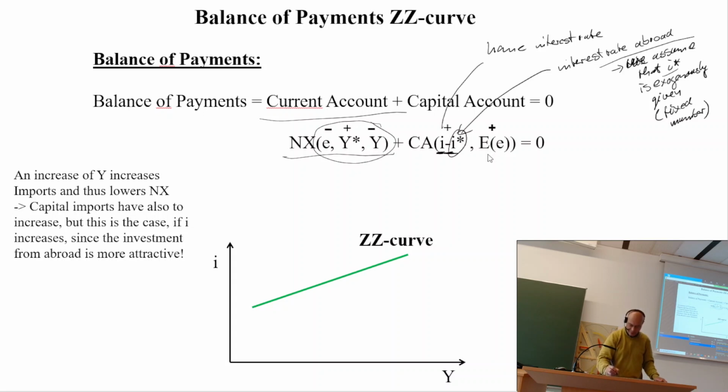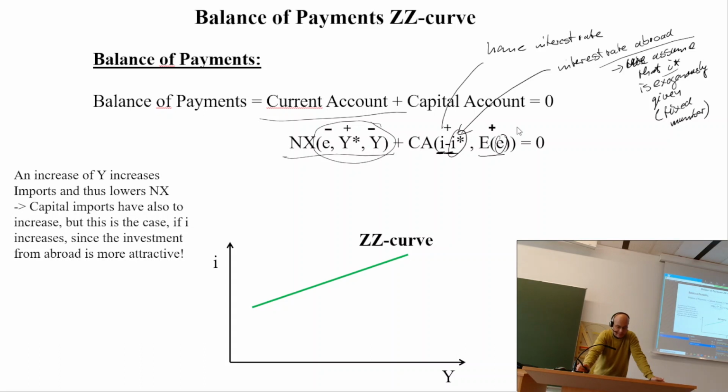And of course, this also depends on the expected exchange rate. Here, be careful, this is again in indirect quotation. There we have, of course, always to use the same description.